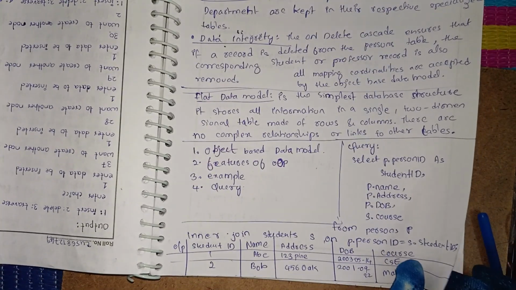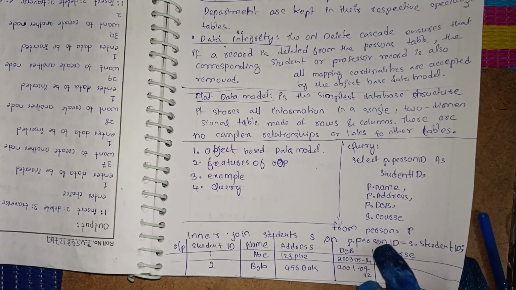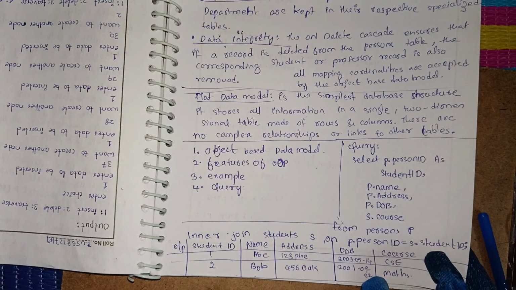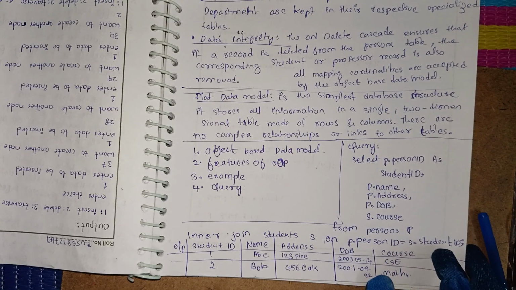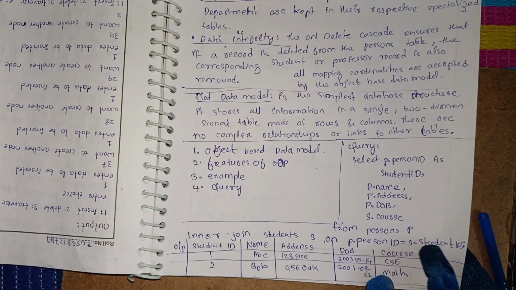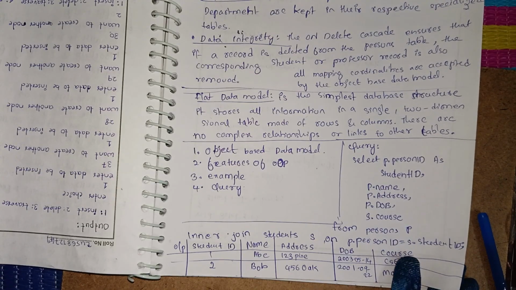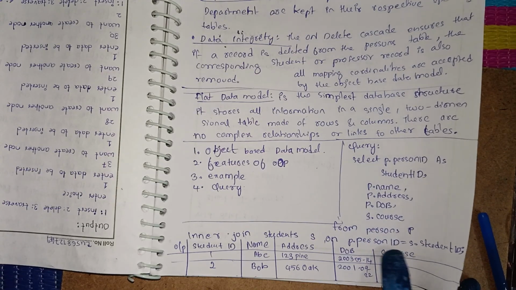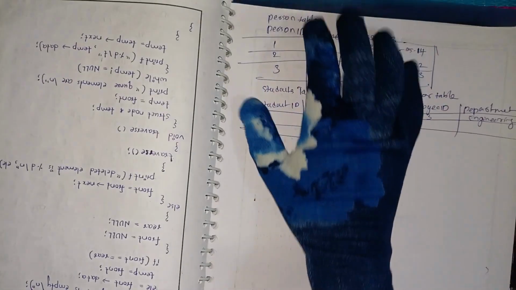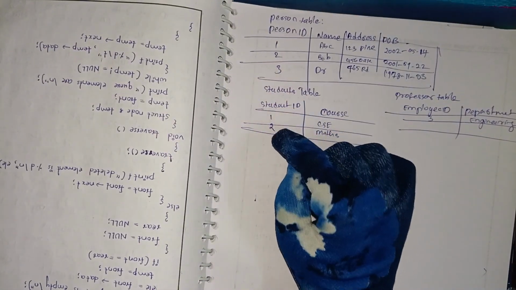Means we are joining two tables at person ID and student ID, because these are the same, person ID and student ID are the same. See 1 and 2, here also 1 and 2.